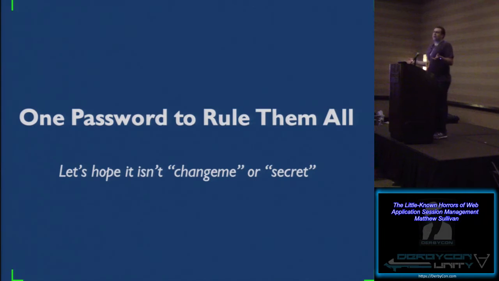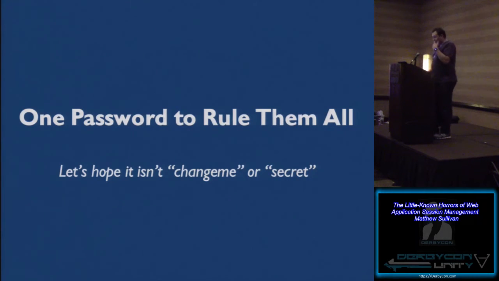Because if you remember HMAC, something you have to have is your secret, right? You pass in a secret into these hashing functions and out comes data. But if you don't choose a good secret, you've really screwed yourself up. Because you've got this one password to rule everything now. Because if you lose this password, someone can just start forging cookies, and that's not going to be a fun time.